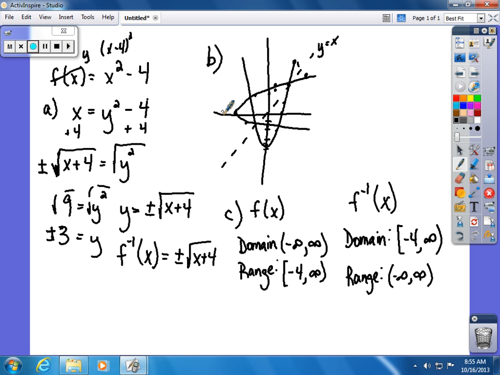Well, if I plug that in, I would have -5 plus 4. That's -1. And without the use of imaginary numbers, we can't take the square root of -1. So that's why the domain for this stops at -4, because it can't be any x value smaller than that, because if you plug that into this function, it won't work. In other words, you enter imaginary land, and we don't like to do that unless we absolutely have to.